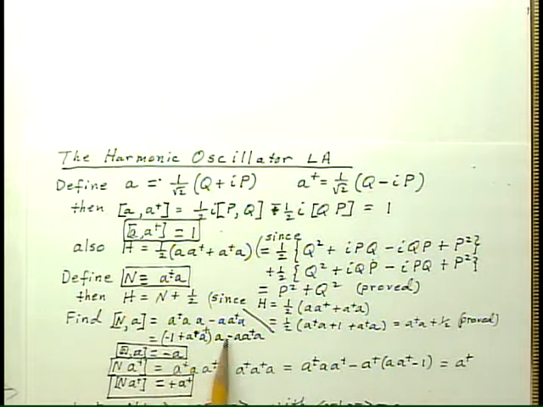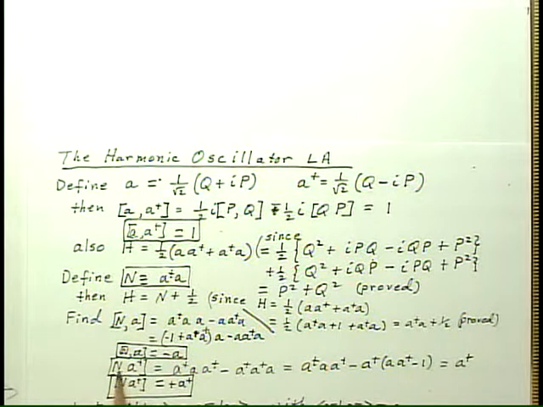Therefore, this is a minus 1 times A, and this term here, A dagger A, cancels with A dagger A here with the opposite sign, leaving us with the commutator of N with A equal to minus A.